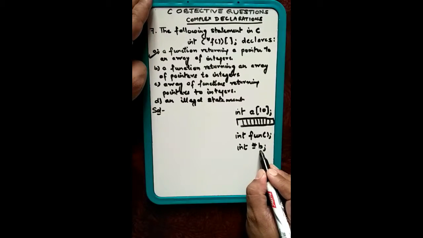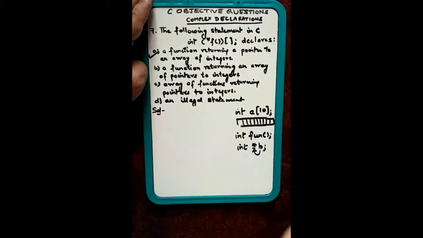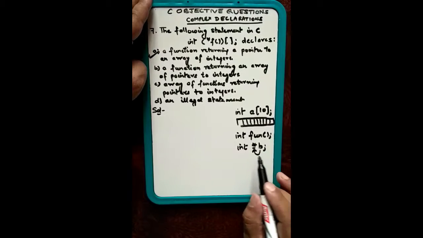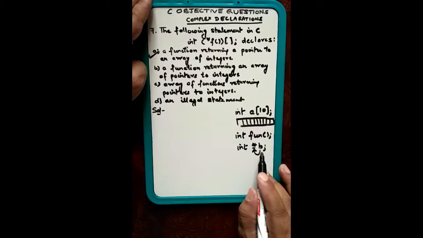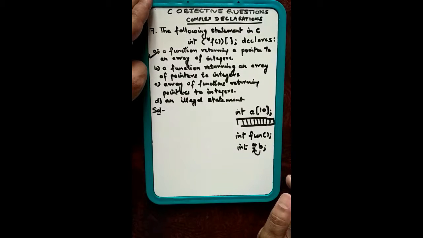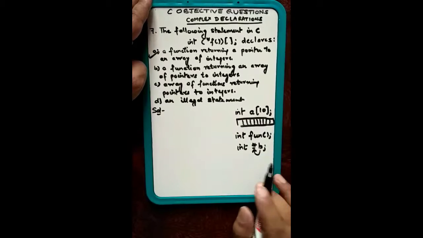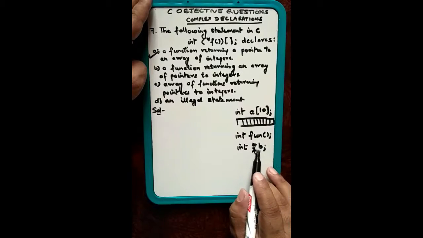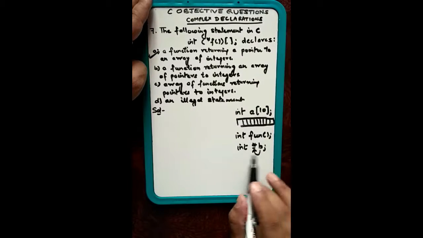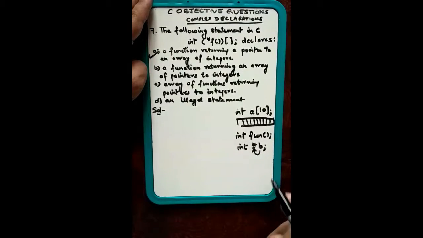That is, b is storing an address, the address of an element which contains an integer value.